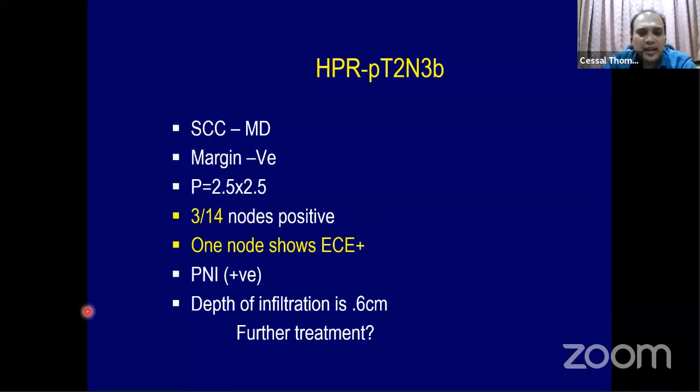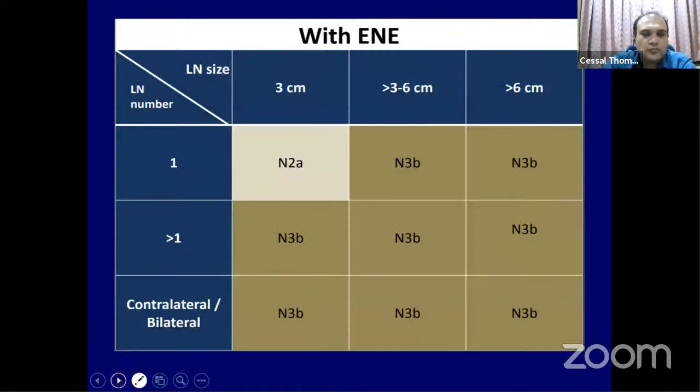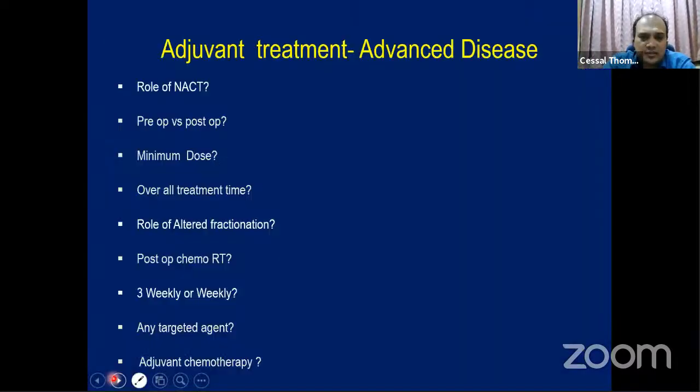So if it is an ipsilateral node, less than 3 centimeter, extracapsular extension is present, it is N3. All other situations, 3 to 6 centimeter with extracapsular extension, or any node more than 6 centimeter with extracapsular extension, or a patient having multiple nodes or contralateral node, then it is an N3.